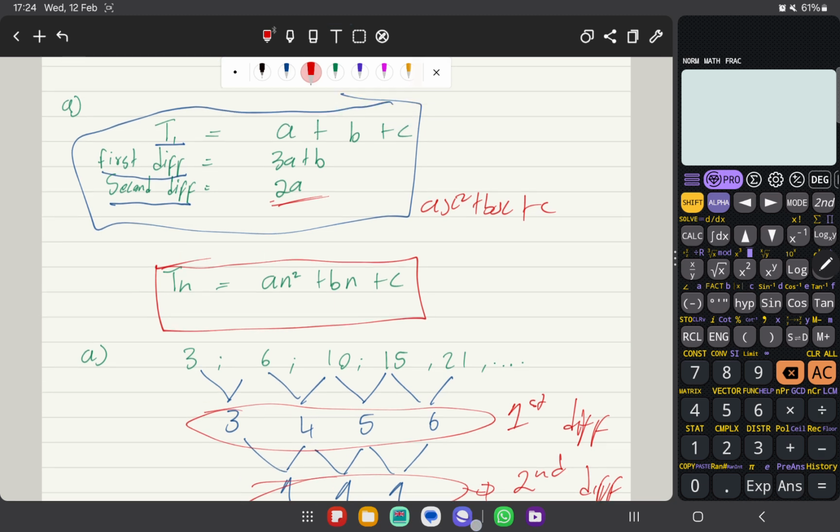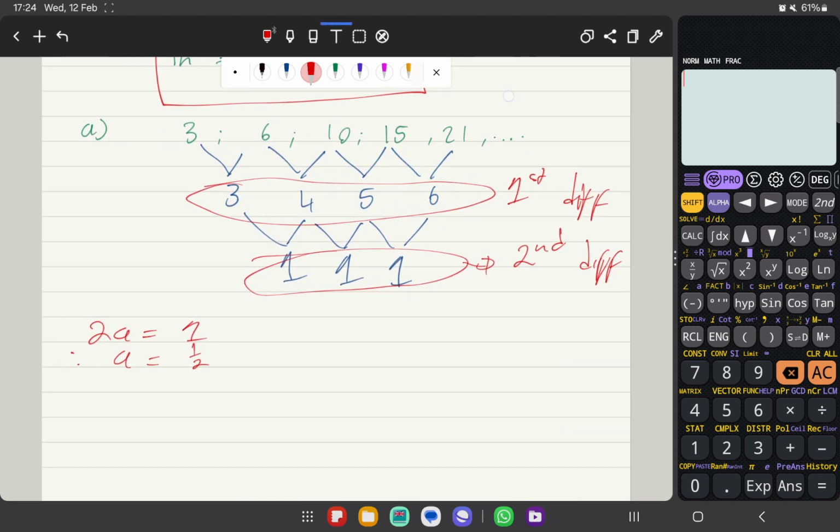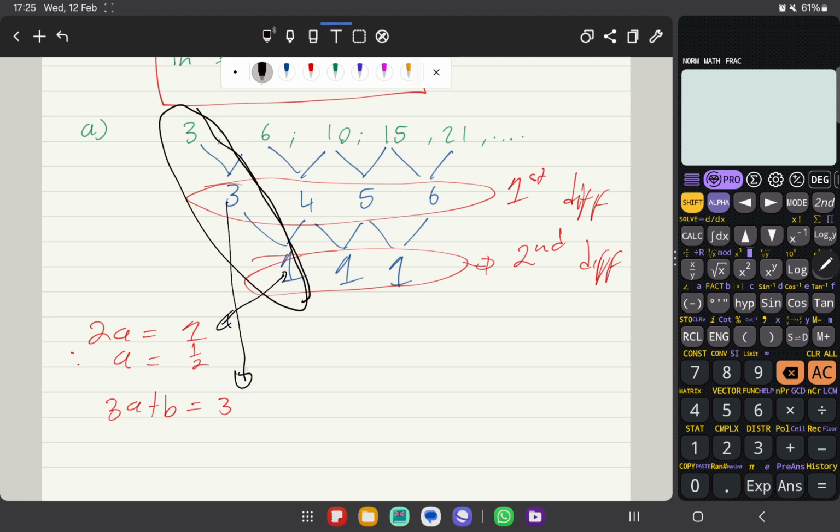Now we go to the first difference. The first difference says 3a plus b equals the first difference, which in this case we're going to use 3. When we are solving these things, the numbers we are more interested in are these ones. You see I used the one from here, and now I'm using this 3, and I'm gonna use this 3 again on the last one.